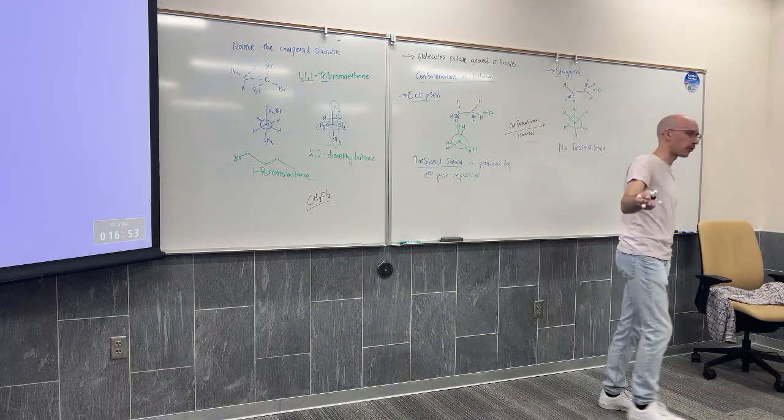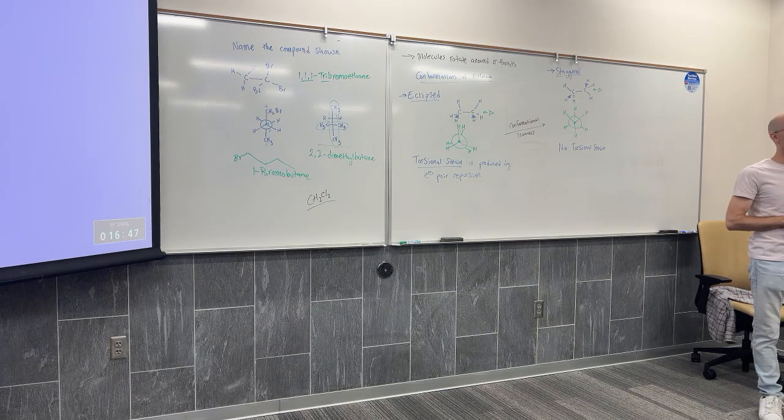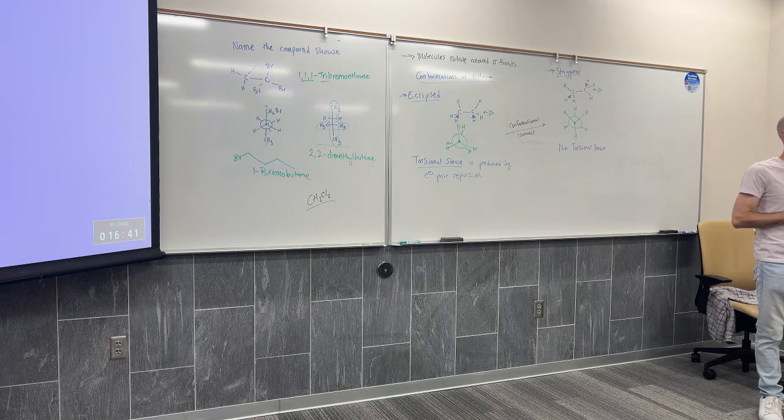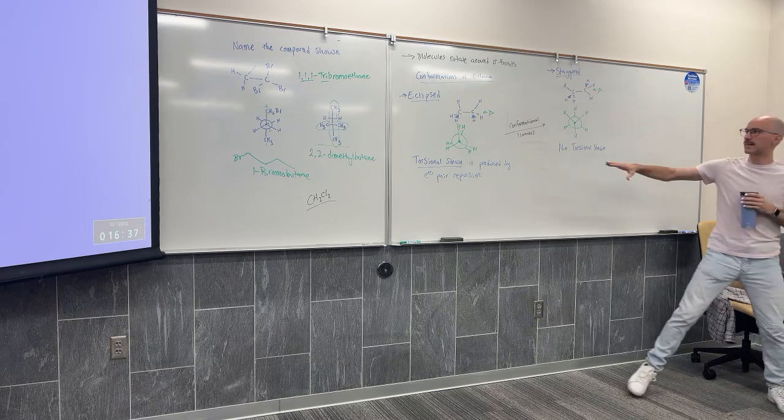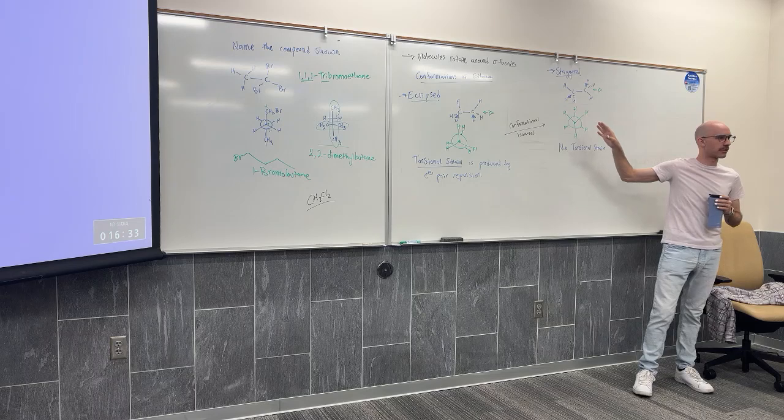Now, there's math that you can bring in here. This is where a physical organic chemist really loves his job. You can calculate, at a given energy, for instance the temperature that you have, what percentage of your molecules in a sample exist in the eclipsed conformation and in the staggered conformation.